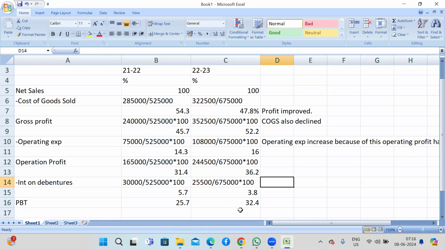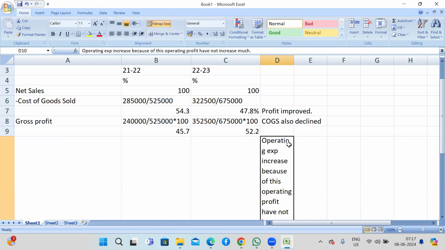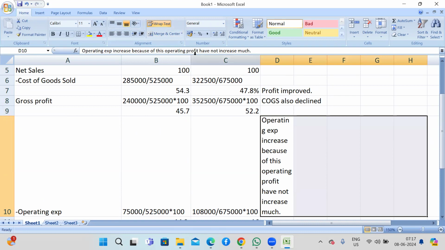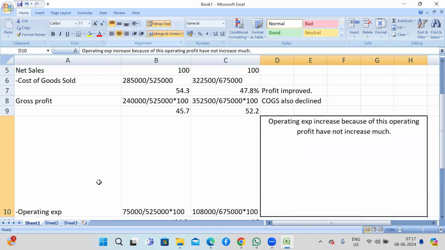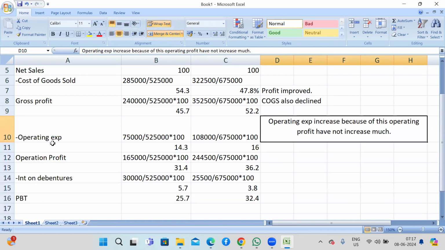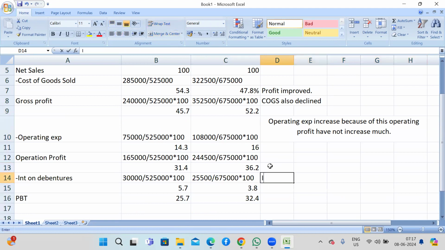So interest on debentures also contributed for your PBT increase, because this also got reduced.